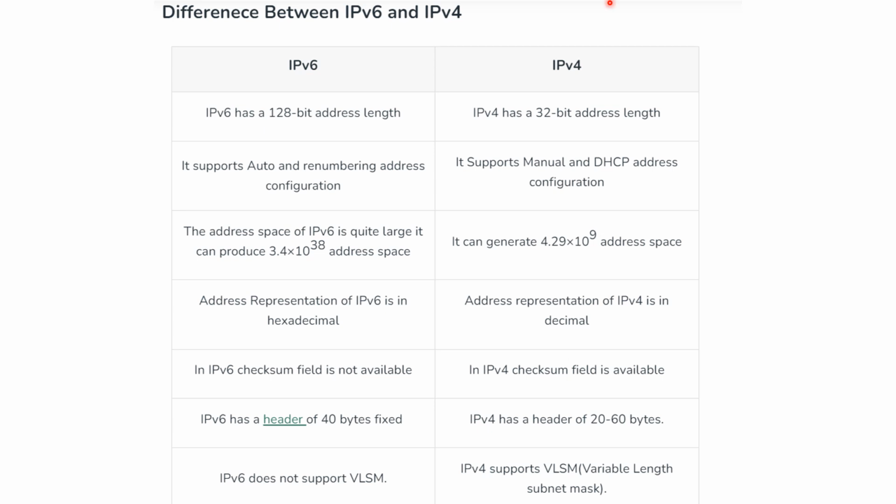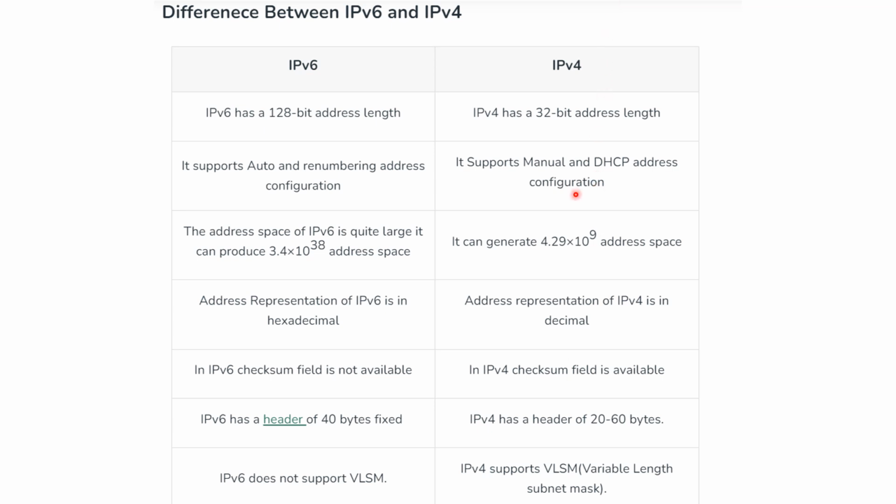IPv4 can generate up to about 4.29 times 10 to the power 9 addresses, but IPv6 can generate up to 10 to the power 38 addresses. See the difference.